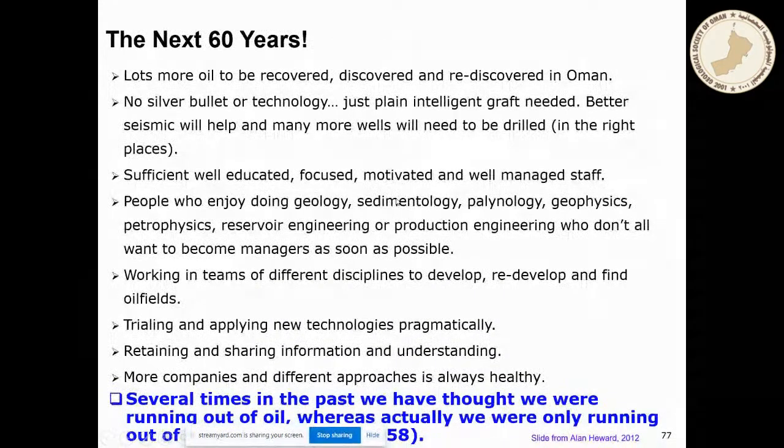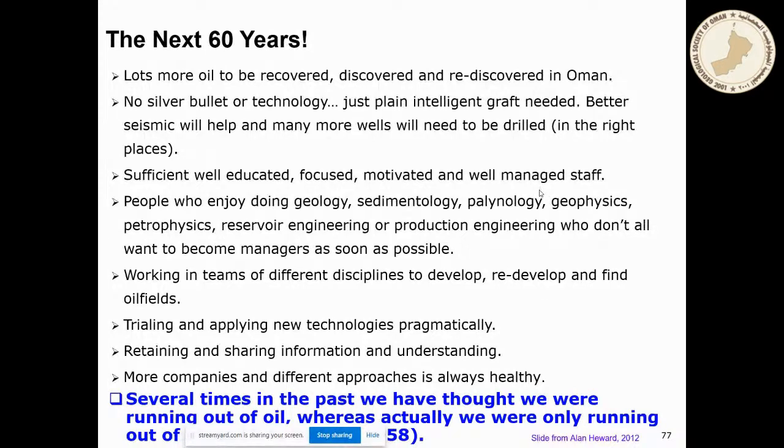And what is important in the next 60 years is to have smart people like yourselves to be able to produce or bring new technologies to extract oil from the ground.